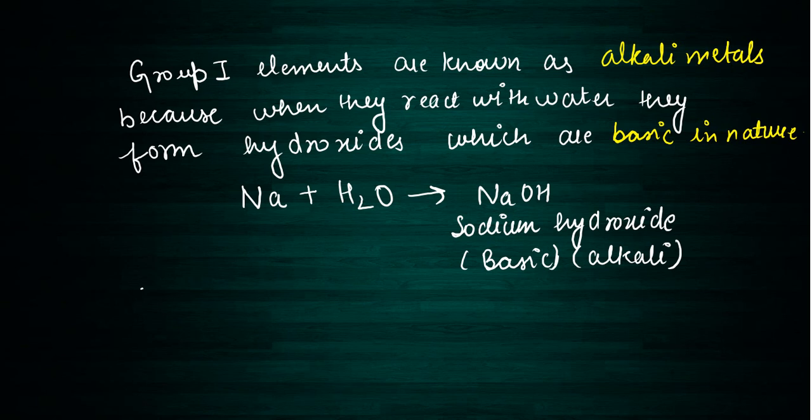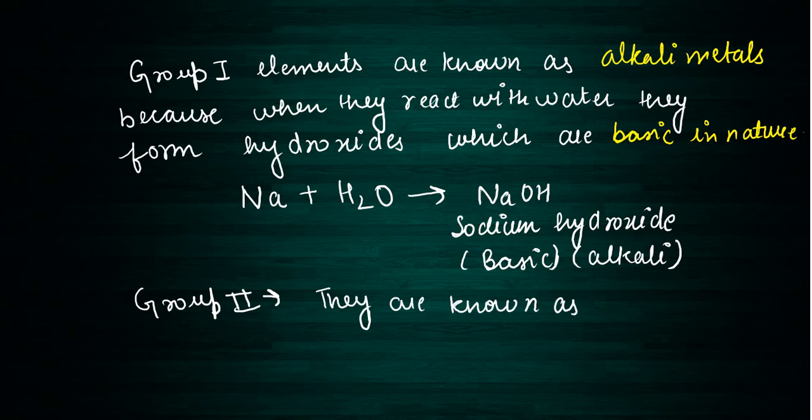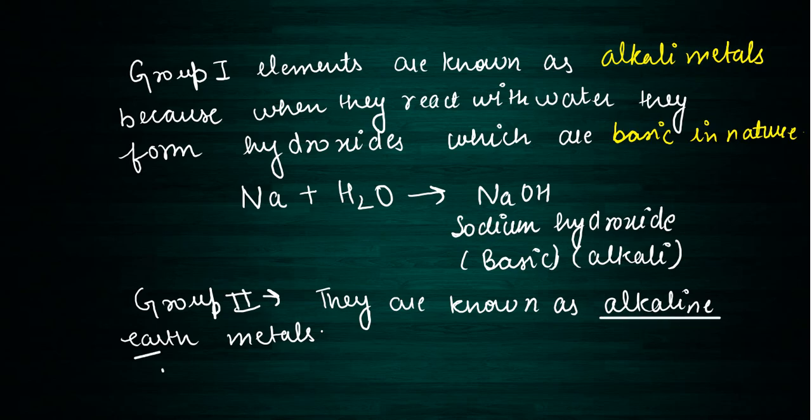Similarly, if I study group 2 elements, the statement goes for them also, as they are known as alkaline earth metals. What do we mean by alkaline earth metals? The alkali word in both situations is the same, but here the word earth is added.